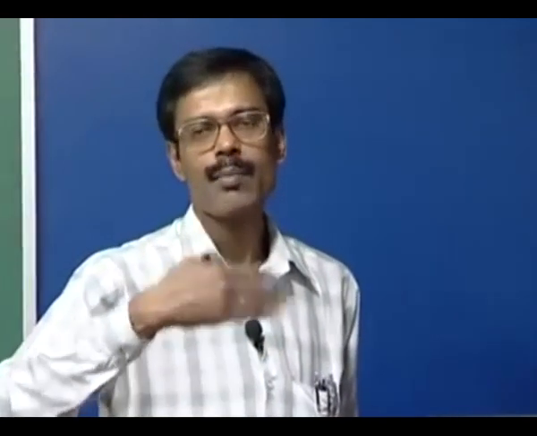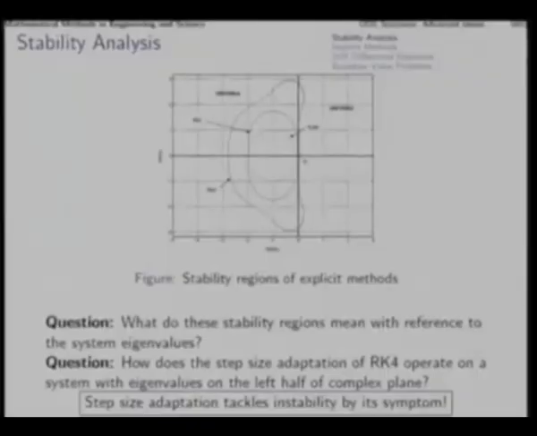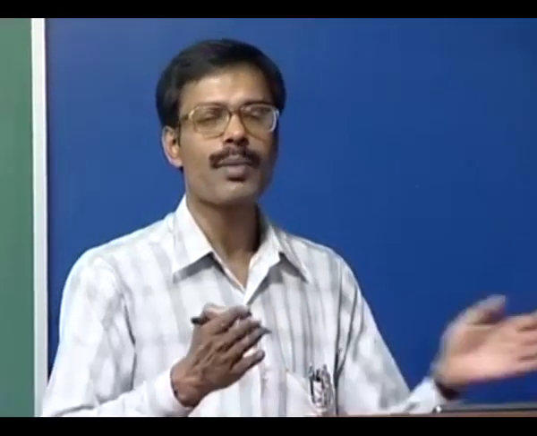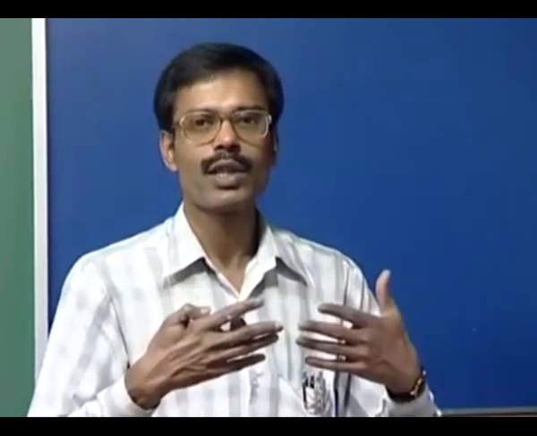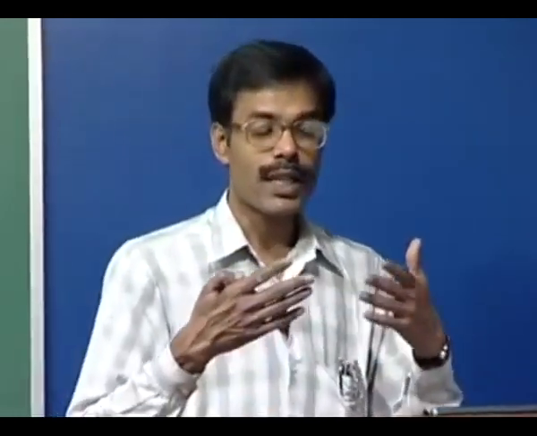But slowly, because of the stepwise magnification of the error, after a point again the error will grow too much, and then due to the error growth the step size adaptation will be performed, and this goes on, and finally after quite a few steps, the adaptation will be taking place so frequently that you will have extremely small steps, but then the errors will be quite large. This is the problem of explicit methods.